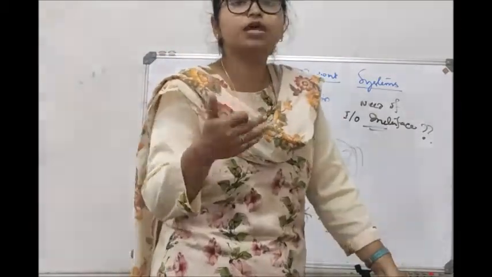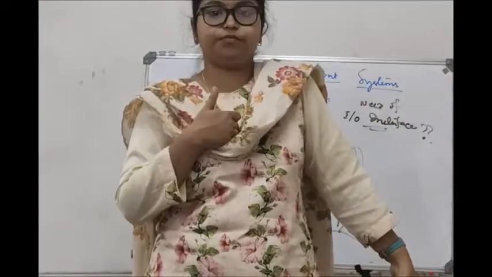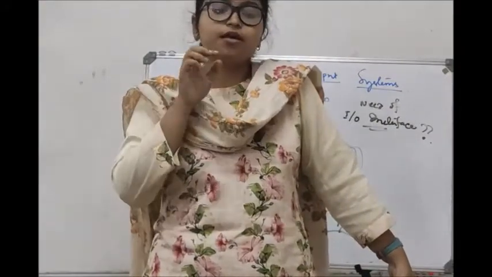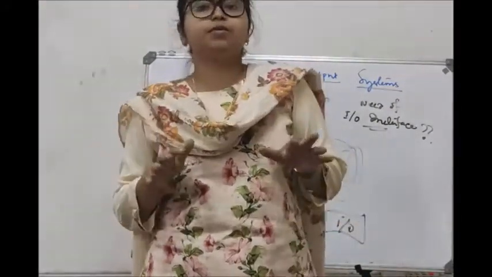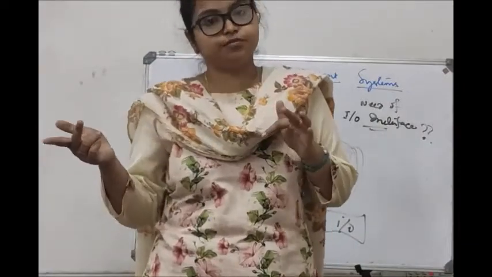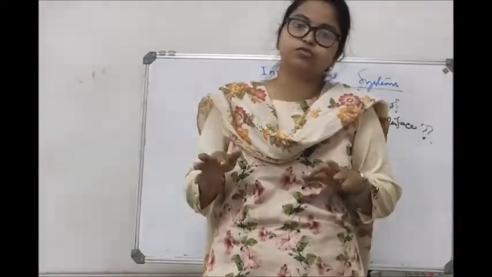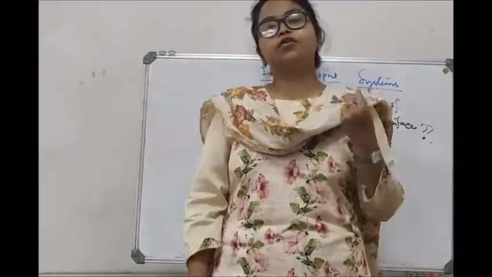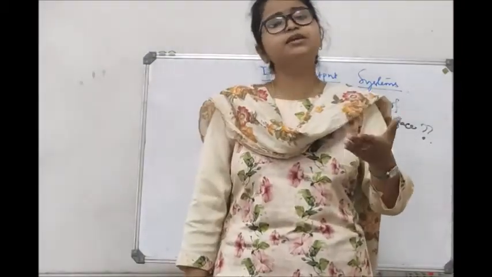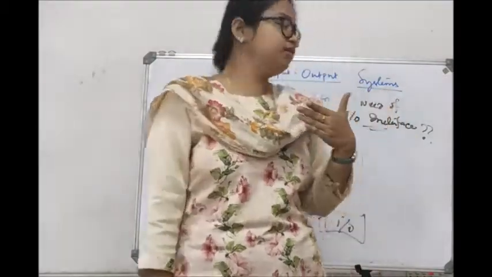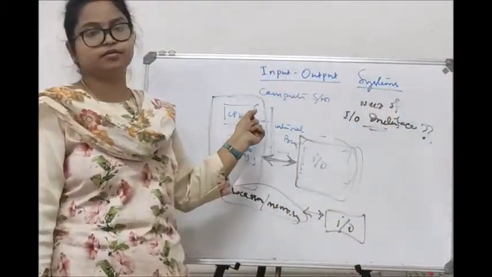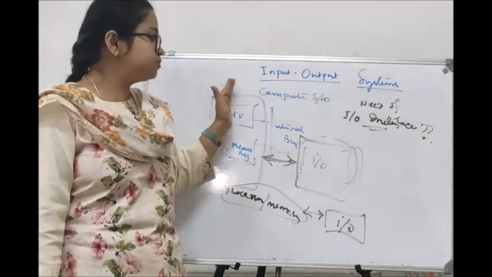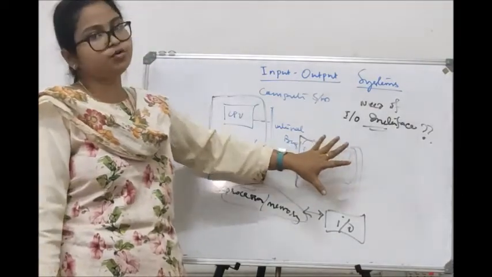The input from the keyboard depends upon the human. My typing speed may be different from another person's; someone may type very slow, someone very fast. So data from IO devices is much slower than the processor speed. The CPU is much faster than IO devices.